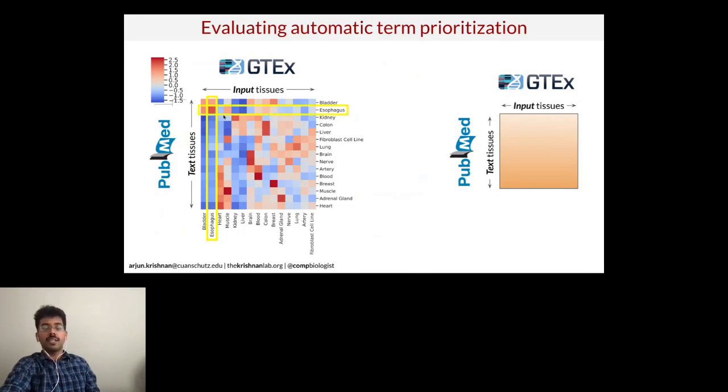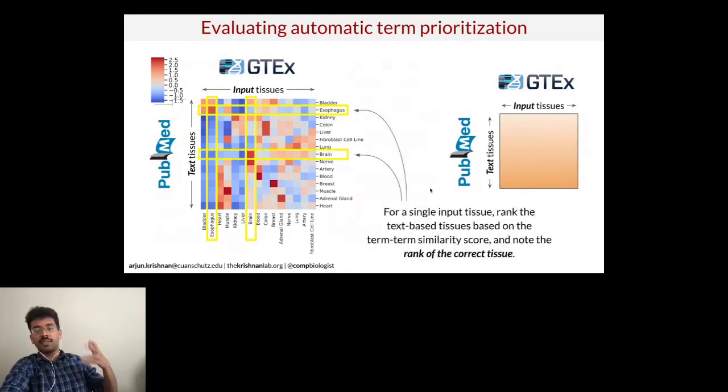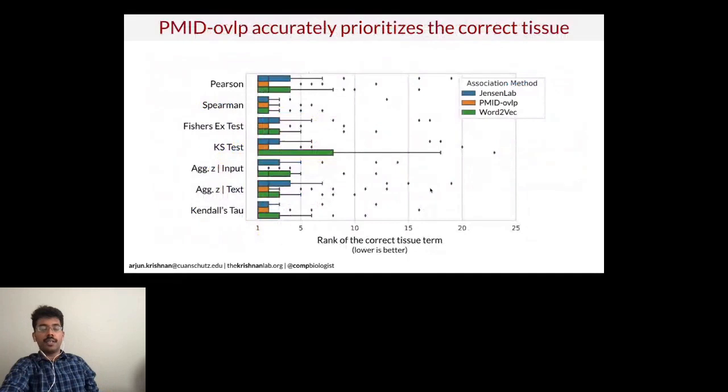For example, in this case, esophagus is ranked the highest. The redder it is, the better. Similarly, if you look at the brain GTEx input, the output from this text association analysis tells you that brain and nerve are the highest ones here. So you can figure out the ranking of the correct term, and then you get some results.